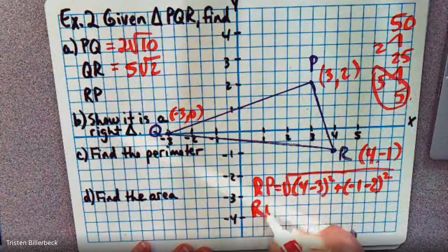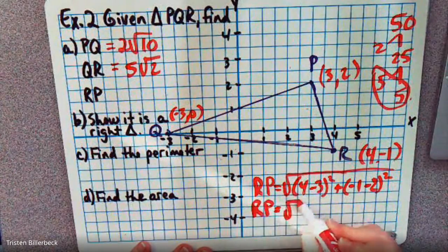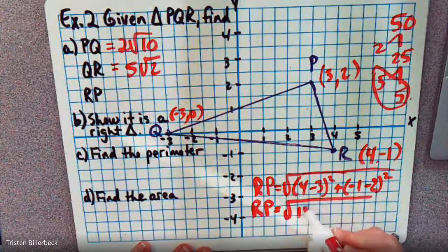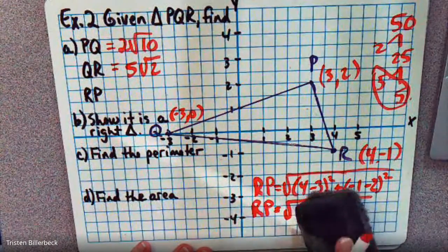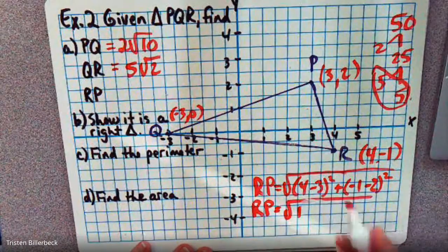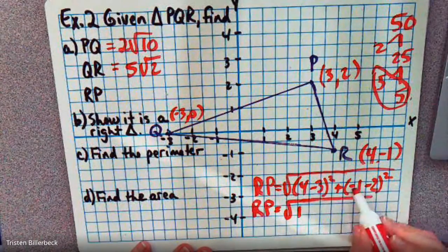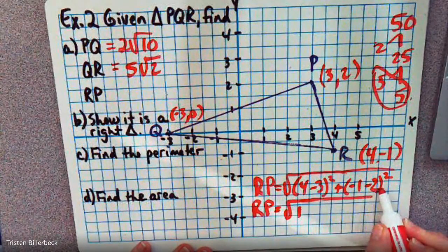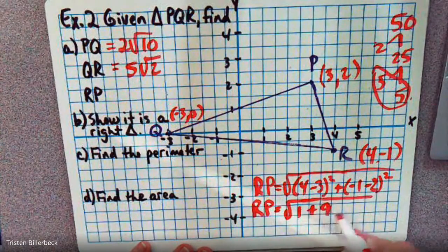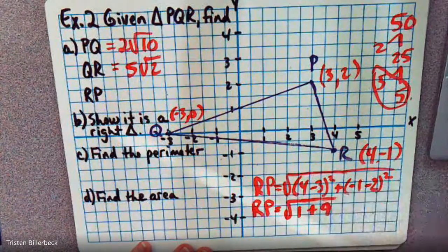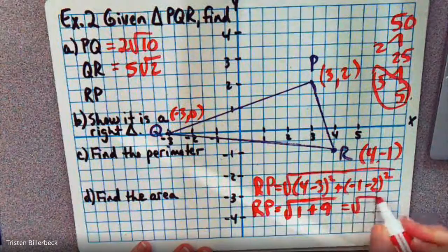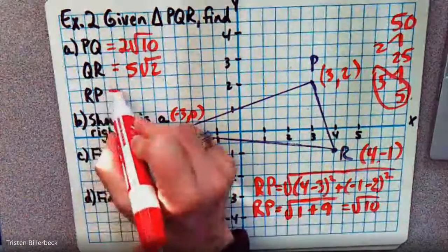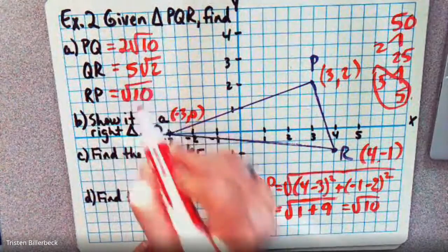So RP then is going to be the square root of 1 squared, which is just 1. And then that's -1 minus 2 is -3 squared, which is 9. So that gives me the square root of 10. So RP is the square root of 10.